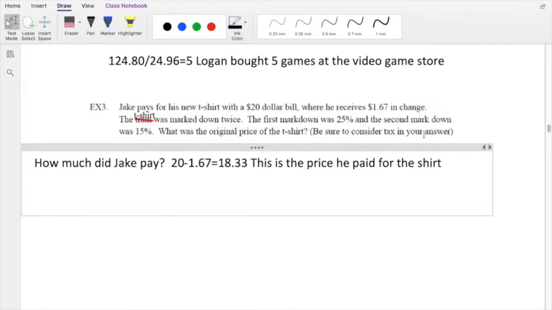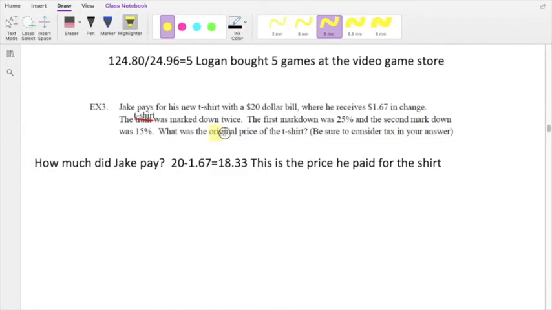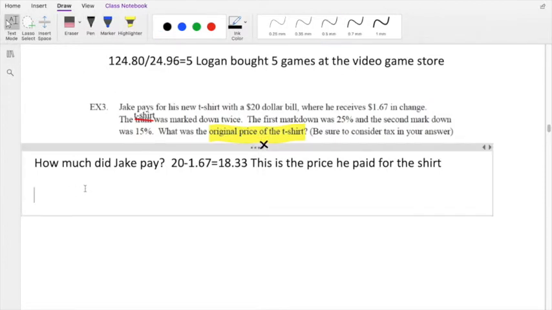All right. So what we're really looking for is the original price. Okay. And let's label that as X, because we all love the letter X. So we know whatever we did, all the things we did, it equals 18.33. That's our final price.